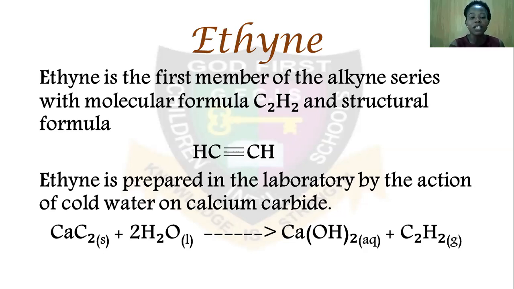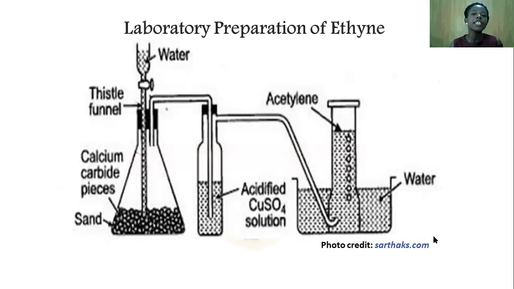Now, in the laboratory, ethyne is prepared by the action of cold water on calcium carbide. So this is the equation of reaction. You have calcium carbide reacting with water to give calcium hydroxide and ethyne, which is the product we are looking for. Now, in the preparation of ethyne, it is prepared in sand. Why? Because this reaction produces a lot of heat.